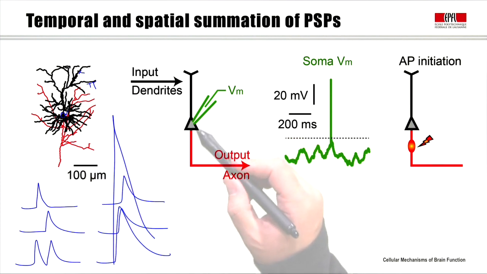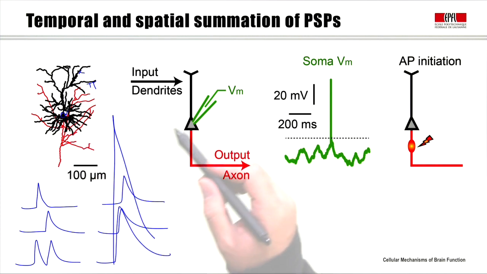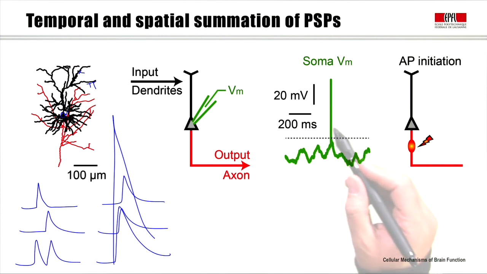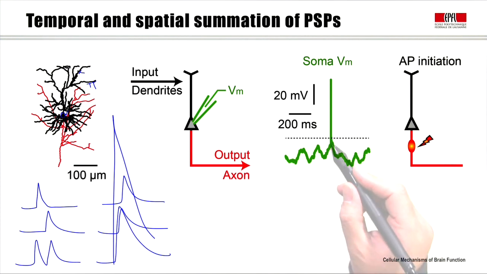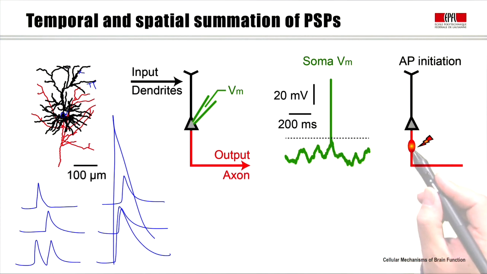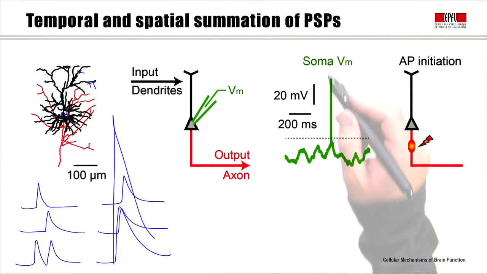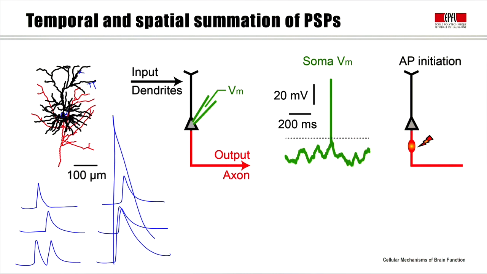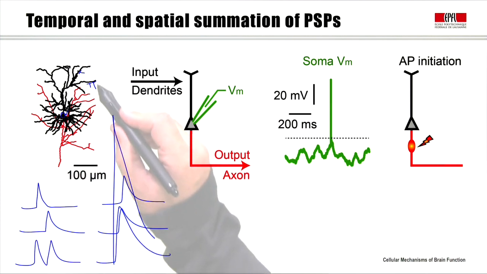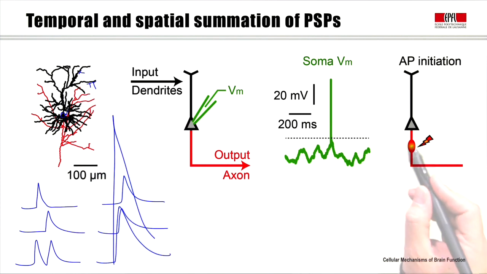And so what we typically see at the membrane potential level at the soma is the summated input of the synapses across the dendrites, and it's when the membrane potential at the soma, or more precisely at the axon initial segment, crosses the threshold that an action potential is fired, giving rise to the output of that cell. So that's, in a sense, the essence of the neuronal computation: how you take these postsynaptic potentials, integrate them at the axon initial segment, and decide whether to fire an action potential or not.